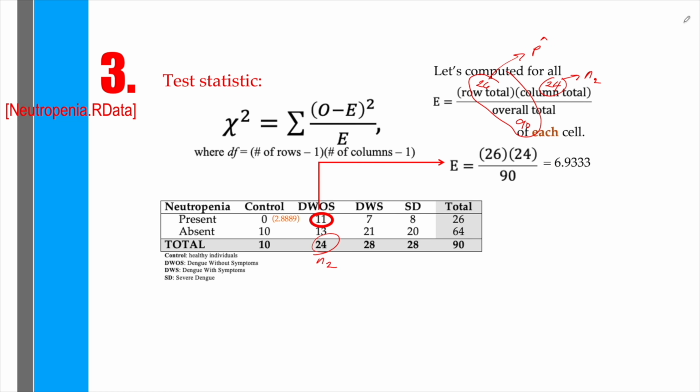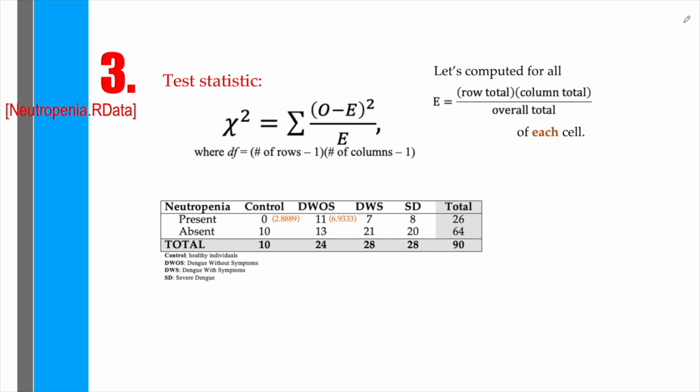And again, we're going to write it just beside the observed count of 11. And moving on, let's have the observed count, which is 7, with row total of 26, column total of 28, and overall total of 90, in which 28 was our n sub 3, and 26 over 90 was our p hat.